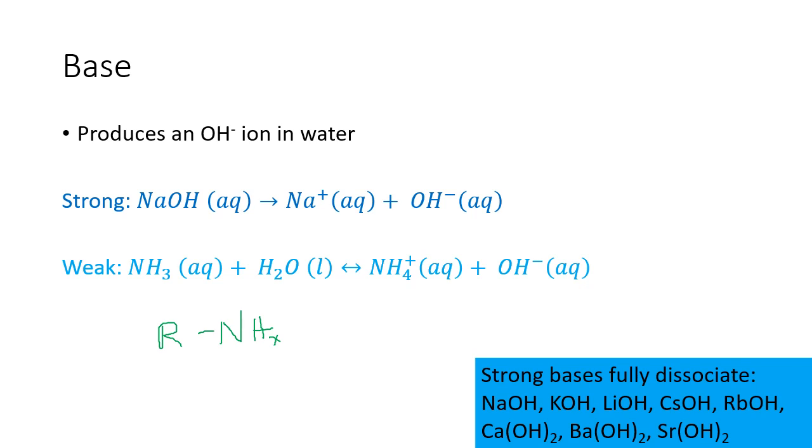Now, this amine group acts as a base in the same way that ammonia does. It accepts an H+. So when it reacts with water, and again, it'll be a two-way arrow because it's automatically weak, we'll get R, meaning hydrogen stuff, NH X plus 1 plus, and an OH minus.